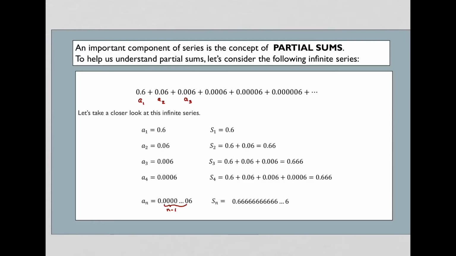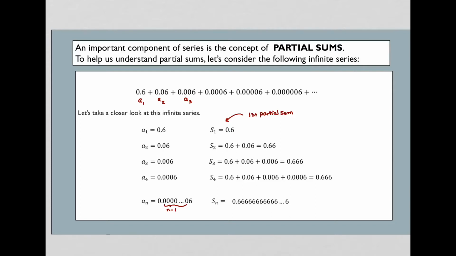Corresponding to this infinite series is what we call partial sums. So S sub 1 is said to be the first partial sum. And what does that mean? Well, that's the sum that comes from taking the first term in my series. So S sub 1, the first partial sum, is simply the first term, which is 0.6.